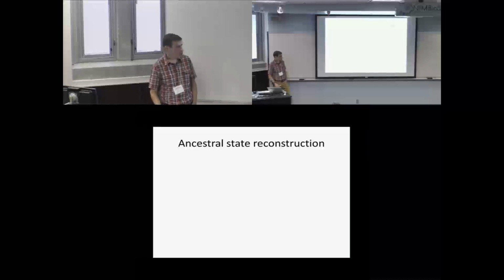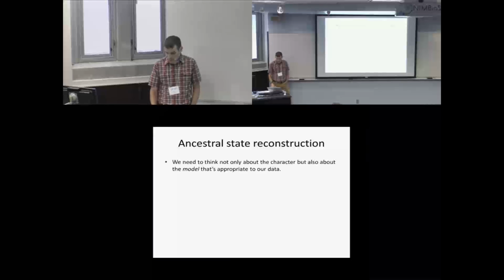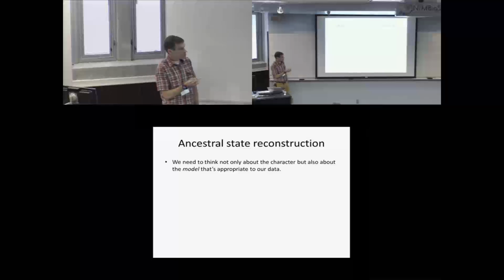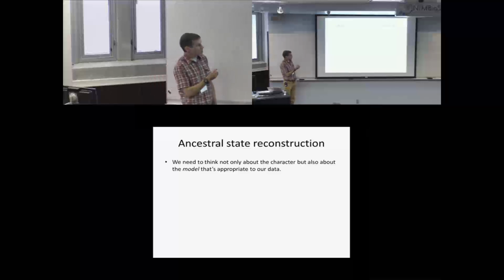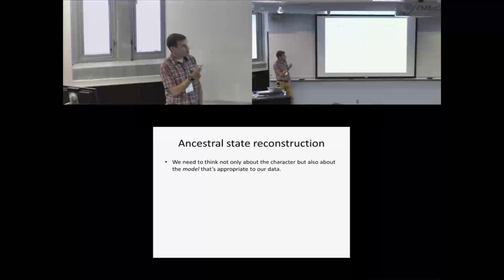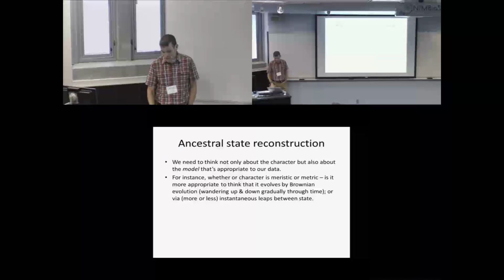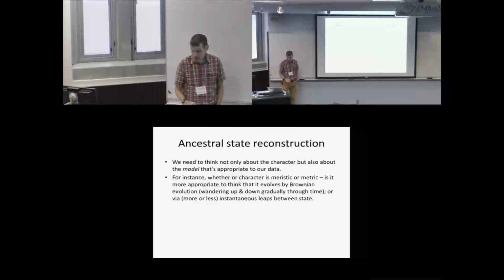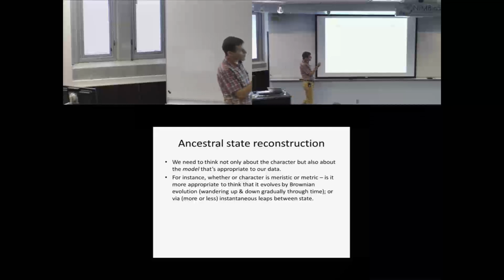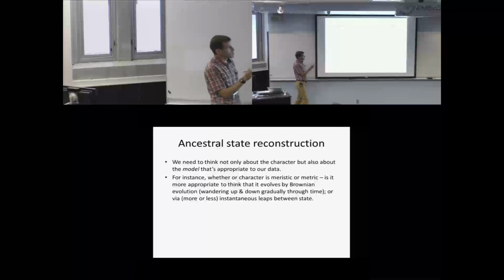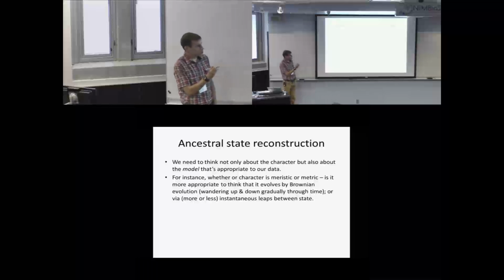Another thing that we can think about when we're deciding whether we want to treat our data as a continuous character or as a discrete character is not only how the character data was measured, but also what kind of model might be appropriate to those data. So for instance, whether the character is meristic or metric, is it more appropriate to think that it evolves by Brownian evolution or a related model?